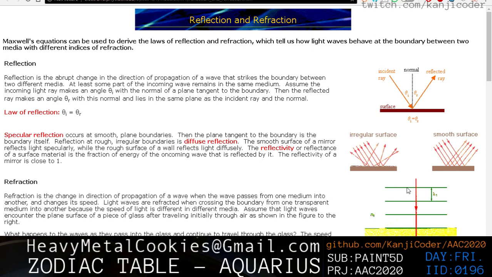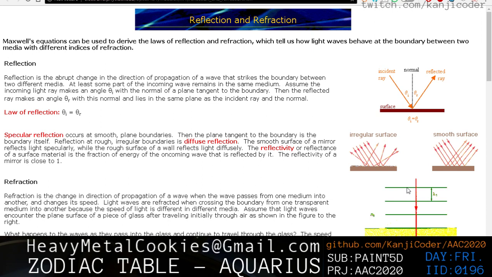At least some part of the incoming wave remains in the same medium. Assume the incoming light ray makes an angle theta I with the normal of the plane tangent to the boundary. Then the reflected ray makes an angle theta R with this normal and lies in the same plane as the incident ray and the normal. Law of reflection: theta I equals theta R.